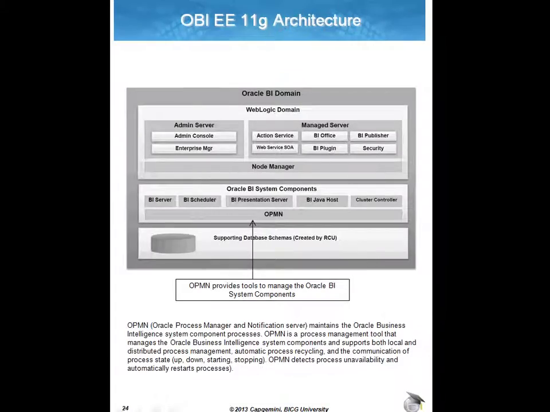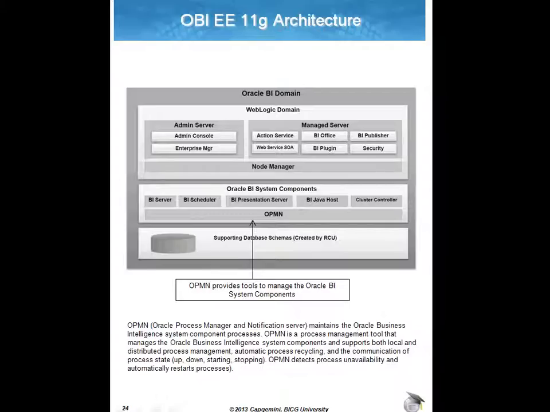OPMN, or the Oracle Process Manager and Notification Server, is the control mechanism for all of your BI system components. So you can start and stop your BI server, your presentation server, your scheduler. You can control the cluster controller. And these things are all controlled by the OPMN.